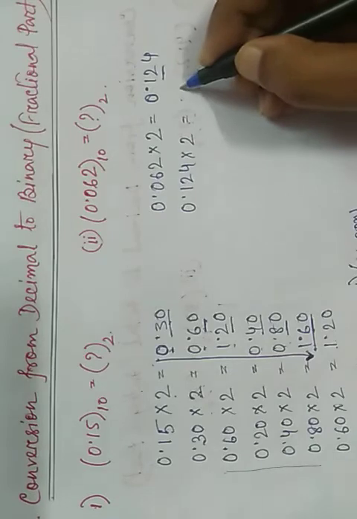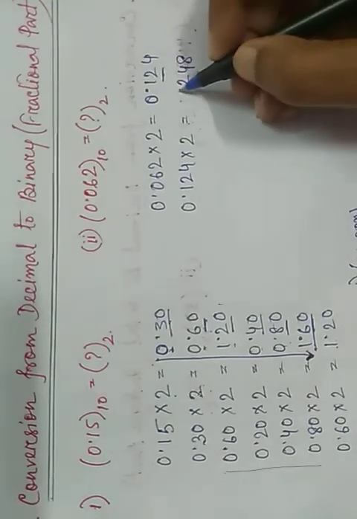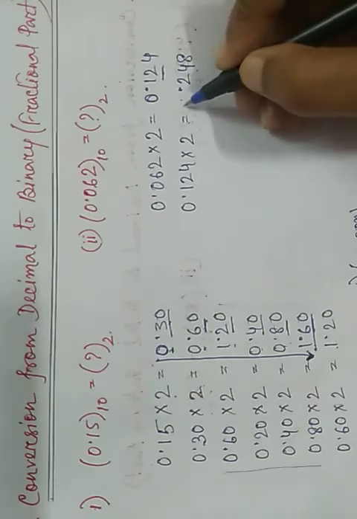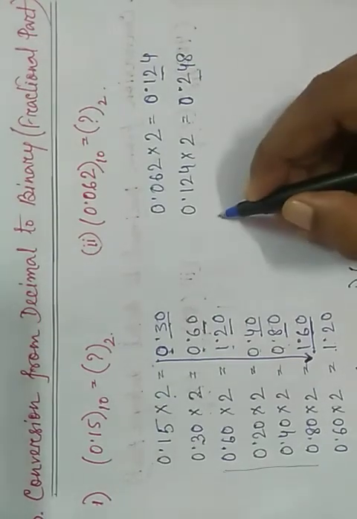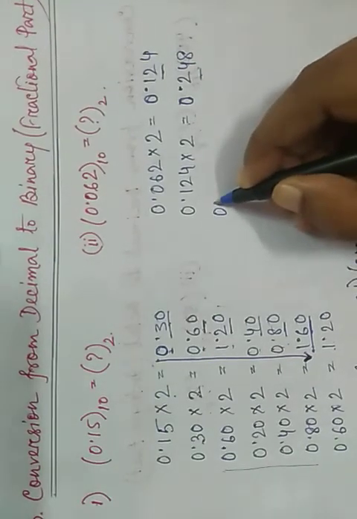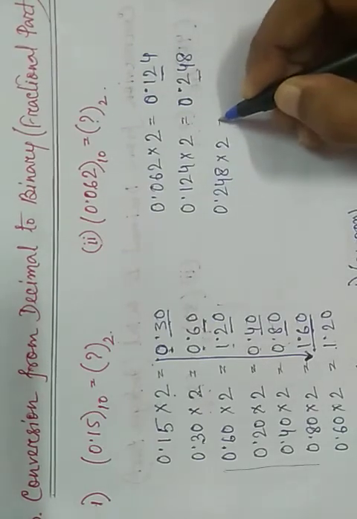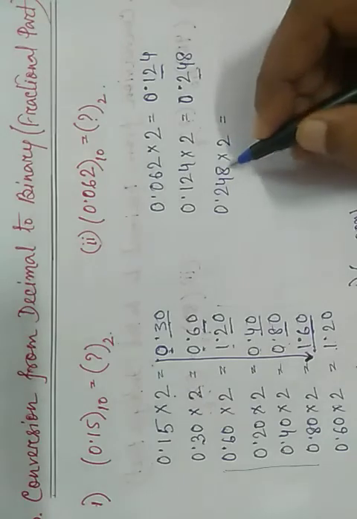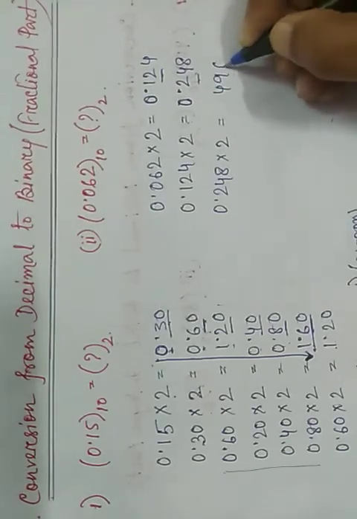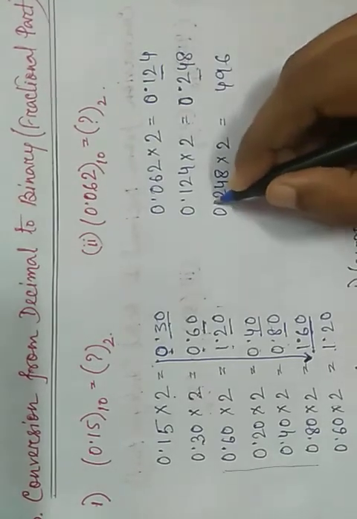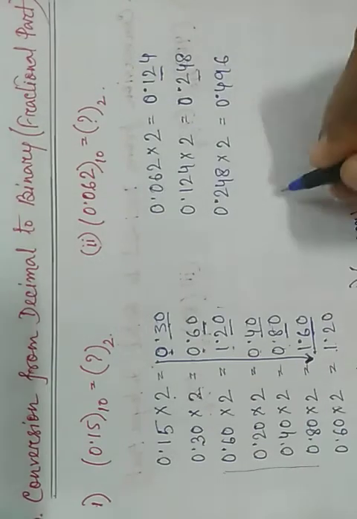It will be 0.248. After 3 decimal places, integer part is 0. Now take these fractional parts, 0.248 into 2. Its value is 0.496. So point after 3 places, and integer part is 0.